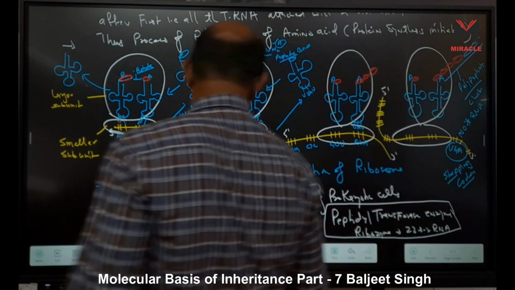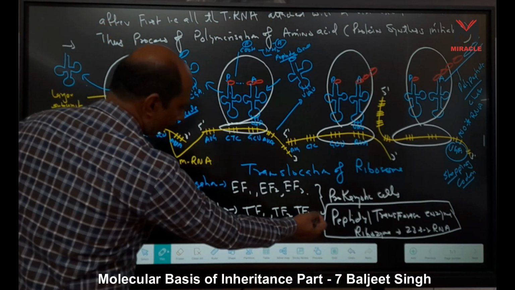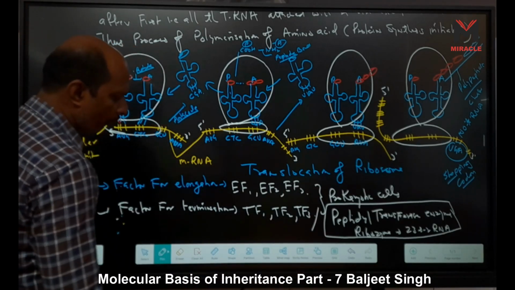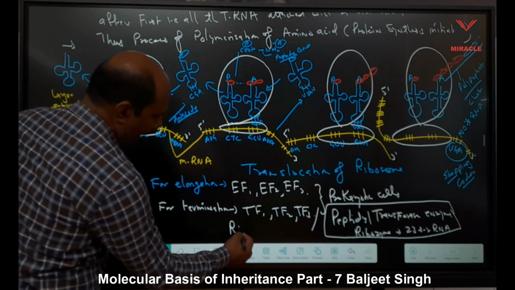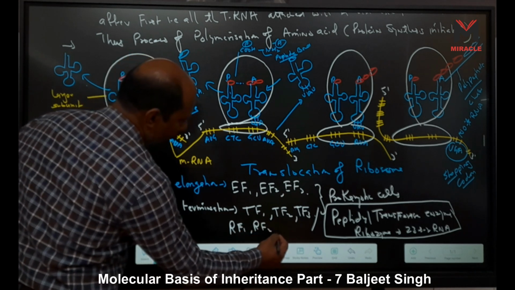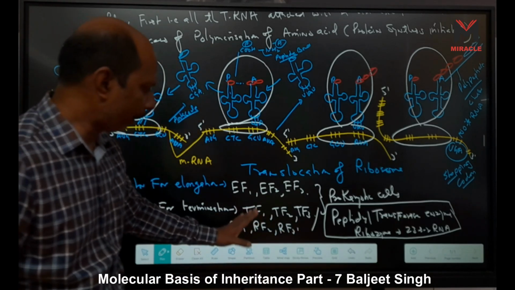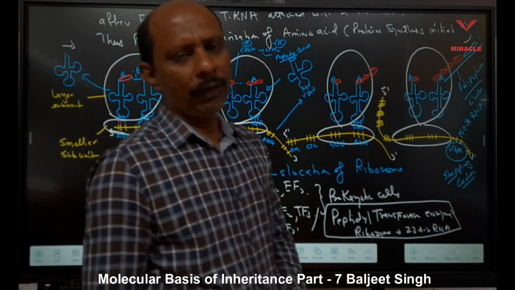Look here, this is the factor for termination. I write here TF1, TF2. They are also called, because in our NCERT it is even releasing factor, so we can say RF1, RF2 or RF3. That is not a matter. It is a terminating factor or a releasing factor. Releasing factor means what?